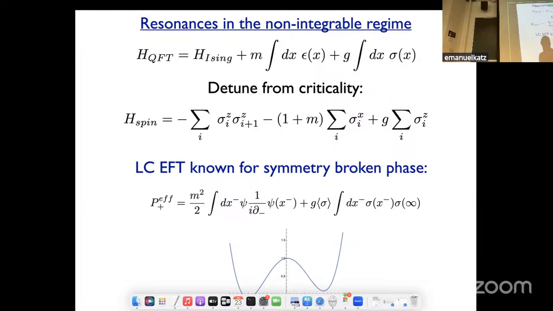It was already known a long while ago that if I turned off G, the light cone effective description for a massive fermion is this one here. But the new ingredient that we've added is noticing that the combination of these two terms is all that one needs to describe the symmetry broken phase.